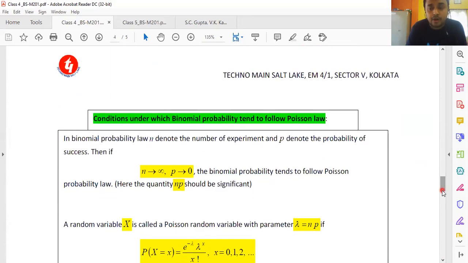Now, the binomial probability law and the Poisson probability law have an interconnection between them. In the binomial probability law, n denotes the number of experiments and p denotes the probability of success. Now, if n is very large, which we denote by n tending towards infinity, and p is very small, which we denote by p tending towards 0, then the binomial probability tends to follow the Poisson probability law.